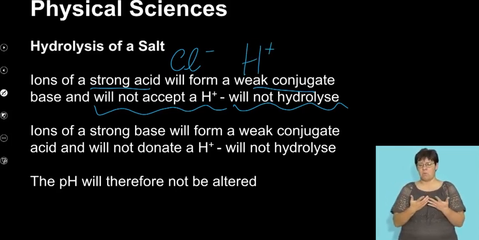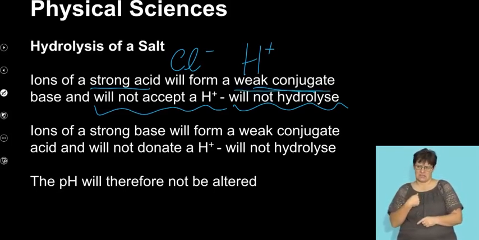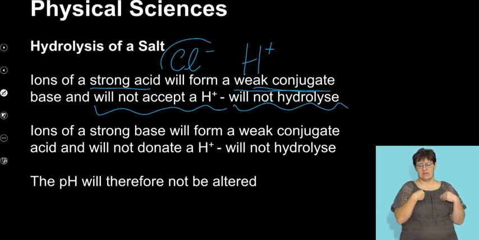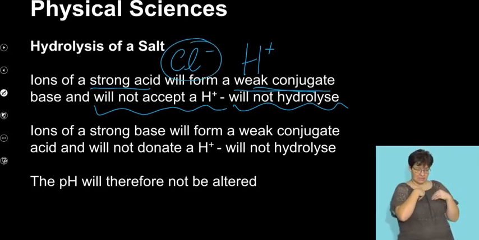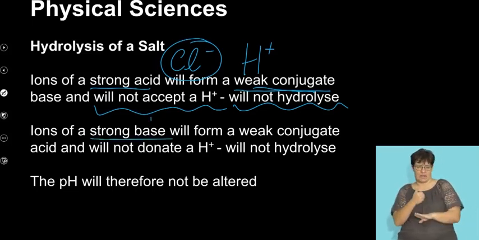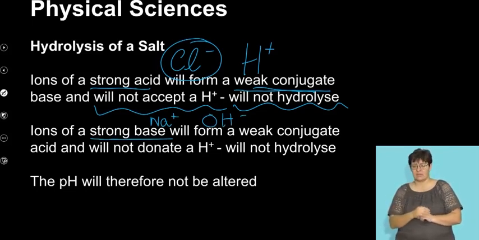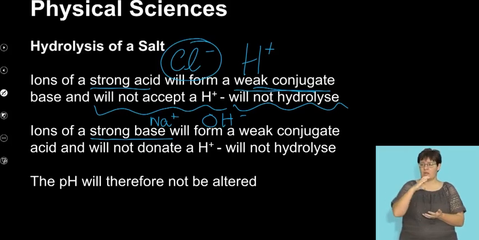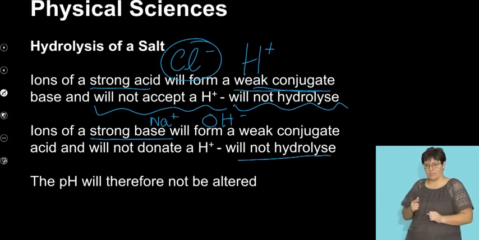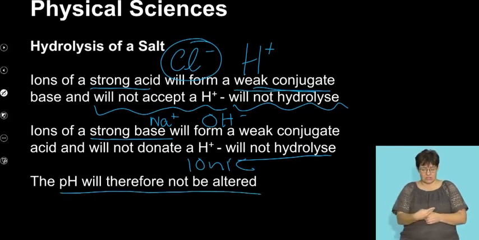They will much rather want to be in this format, so they are weak conjugate bases and they will not accept this. The chloride ion will not accept the proton in the reverse reaction. Ions of a strong base, that is now sodium and hydroxide ions, will form a weak conjugate acid and it will not donate a proton. So it will not hydrolyze. It will stay in ionic form and the pH will therefore not be altered.